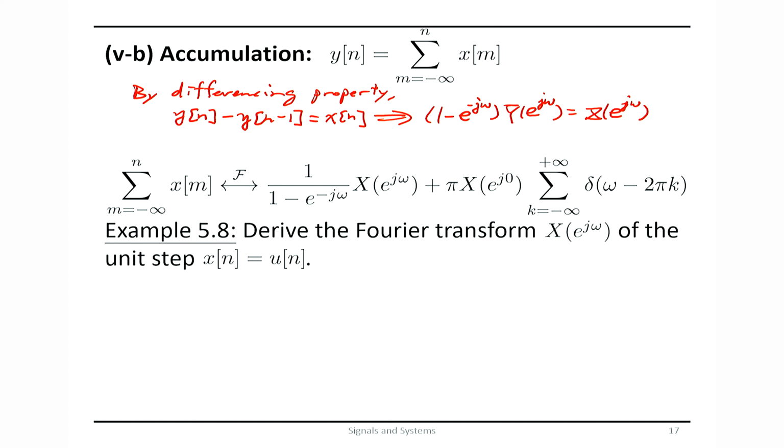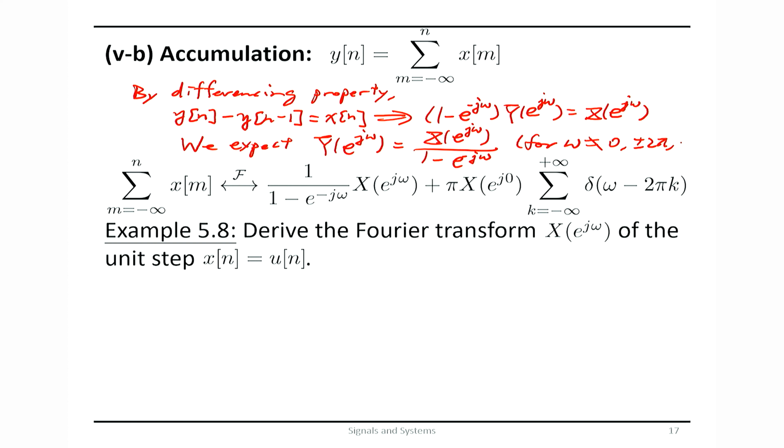So by this fact, you would expect that, if omega is not 0 or some integer multiple of 2 pi, then y should be equal to x divided by 1 minus e to the minus j omega. So we expect Y of e to the j omega equal to something like this, for omega that is not equal to 0, plus or minus 2 pi, and so on.